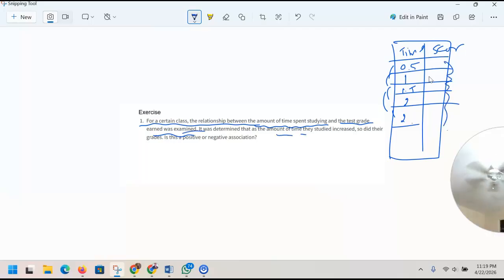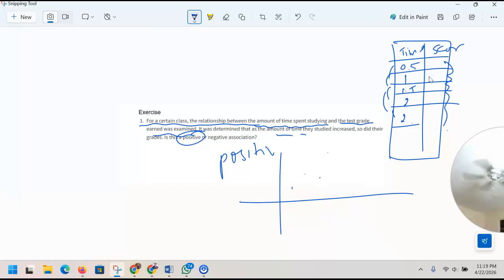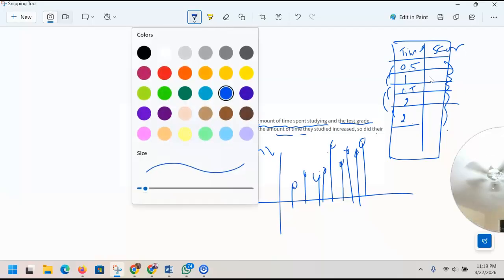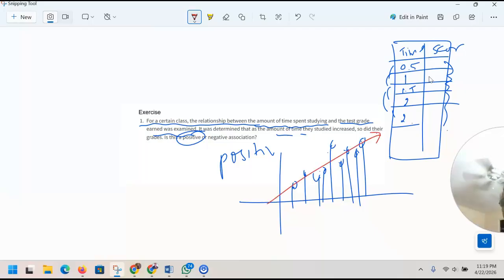So there is a positive correlation here. The scatter plot would have the dots going up like this, as the amount of time spent studying increases, the score also goes up. That's all that means. Let's take the next one.